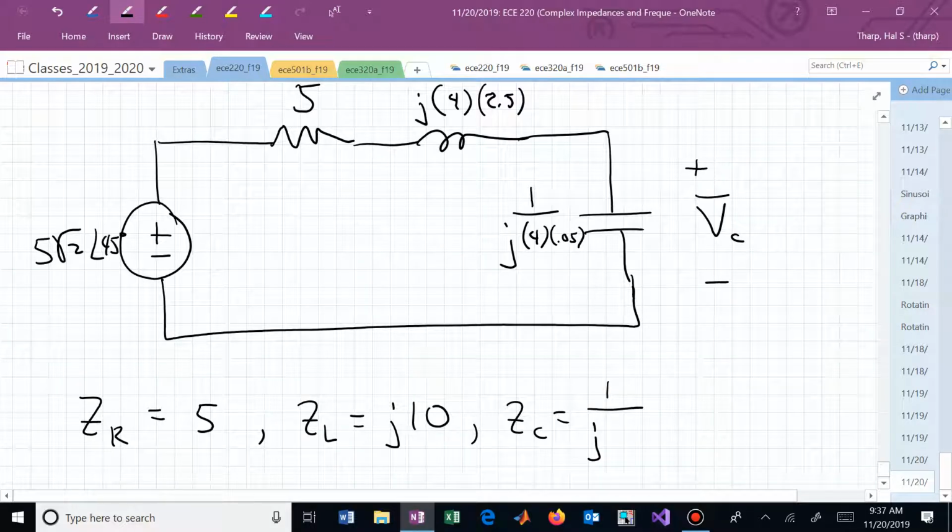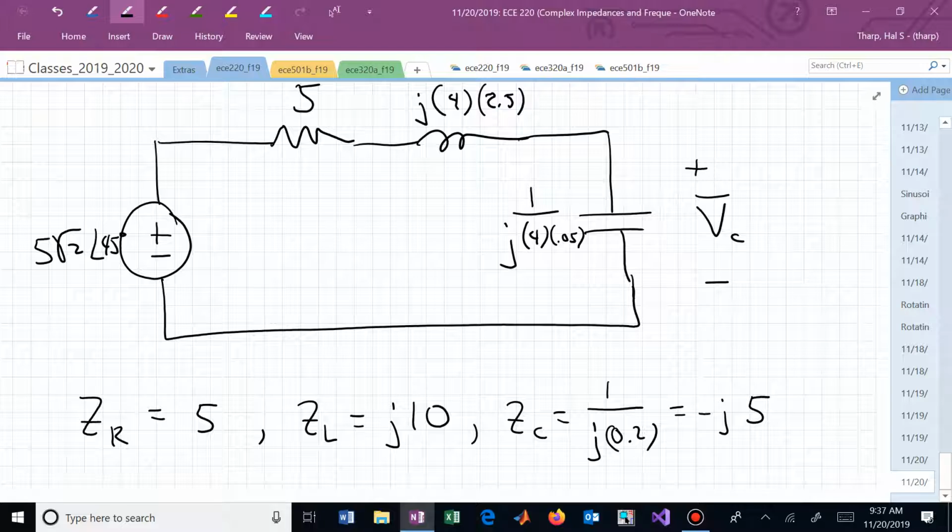That ends up being 1 over j0.2. Or if I pull the j upstairs and divide by 0.2, my capacitor's impedance is minus j5.